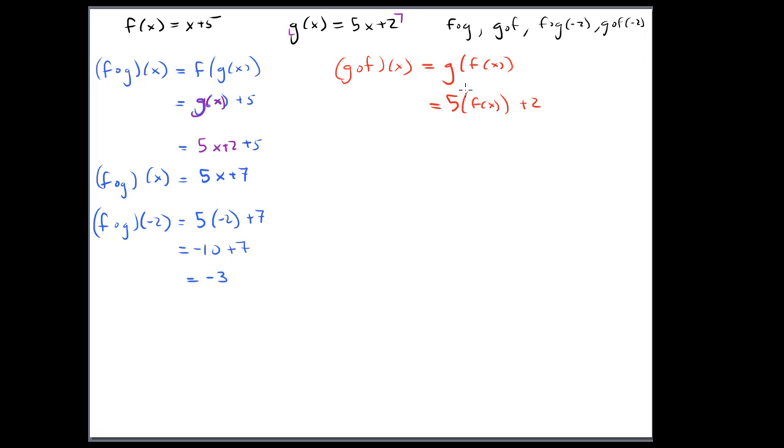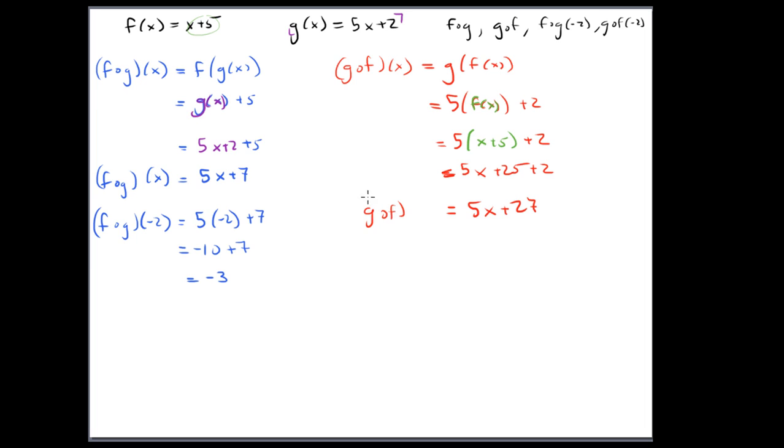And for f of x here, we're going to do x plus 5. So that's 5 times x plus 5 plus 2. That's 5x plus 25 plus 2. That's 5x plus 27.